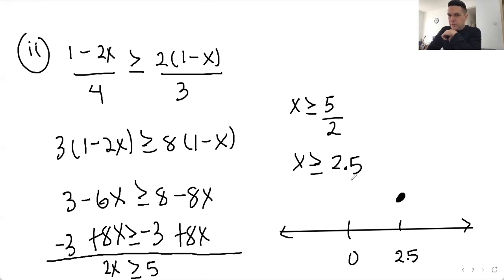And the numbers are going to be greater, so our arrow is going to go to the right. All right, guys. So that's how you solve these linear inequalities, okay?